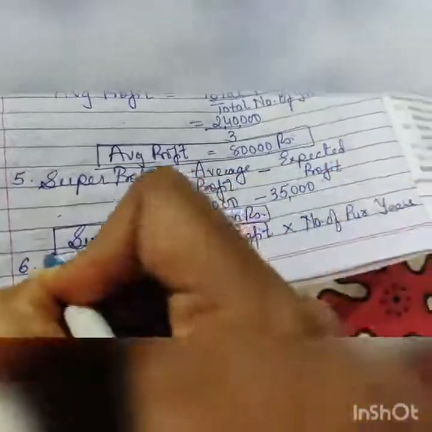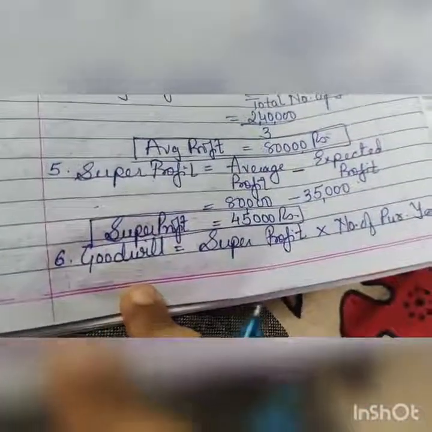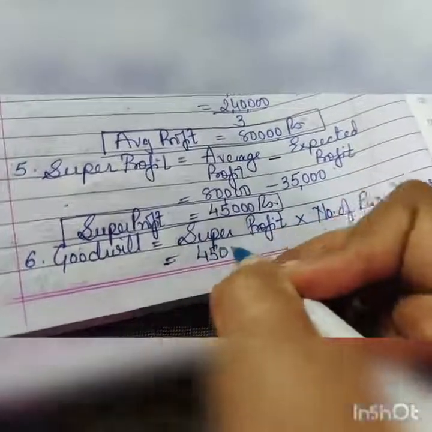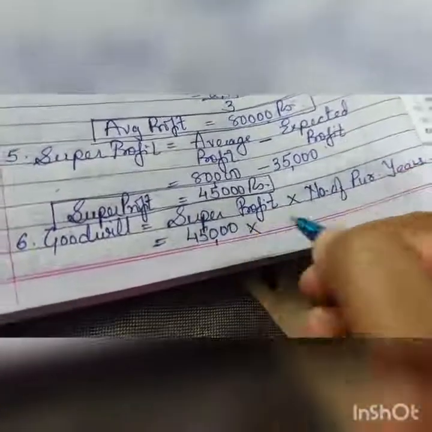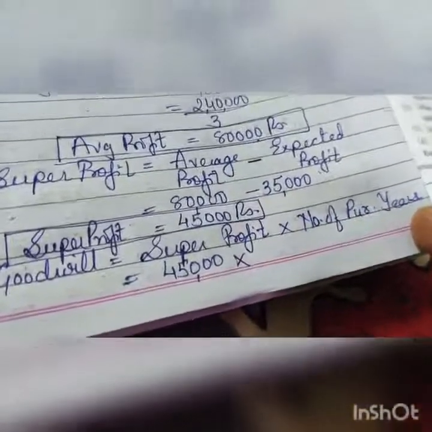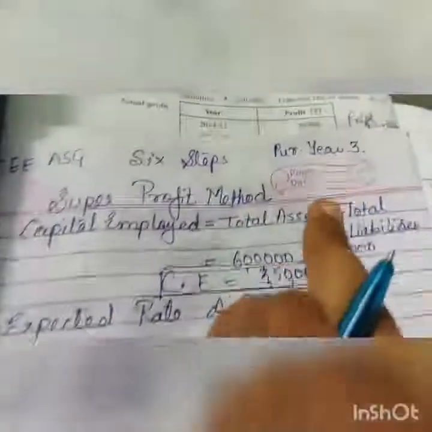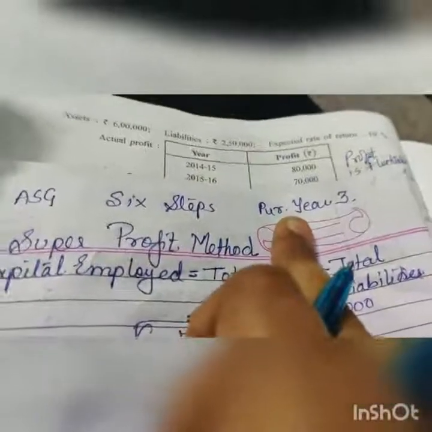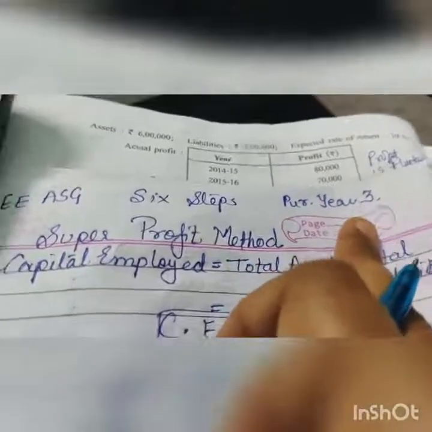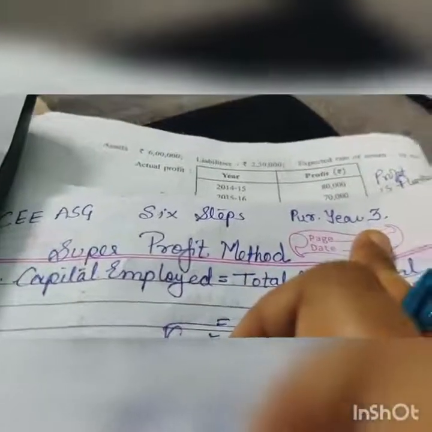Now the last step you have to do is goodwill. The super profit, 45,000, multiplied by the number of purchasing years. What is the number of purchasing years? We have already written it here, so we are not supposed to look at the question again. The purchasing years were 3 years.